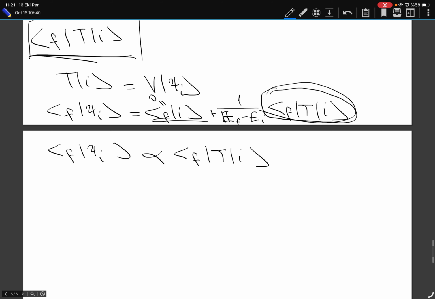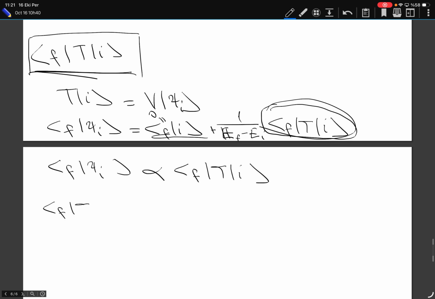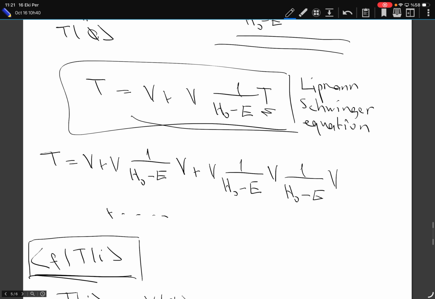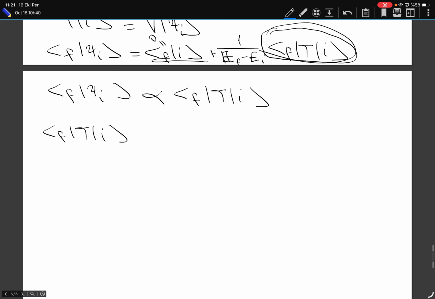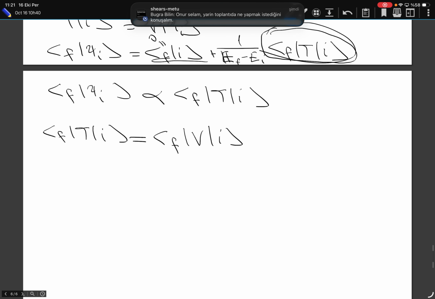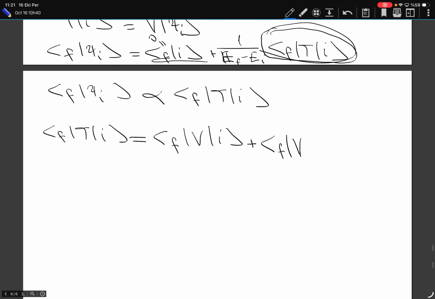Now, what is this FTI? Well, let's go back. This is my T over here. This will be equal to F V I, just the matrix element of the interaction potential, plus F V 1 over H0 minus E V I, plus the other terms.